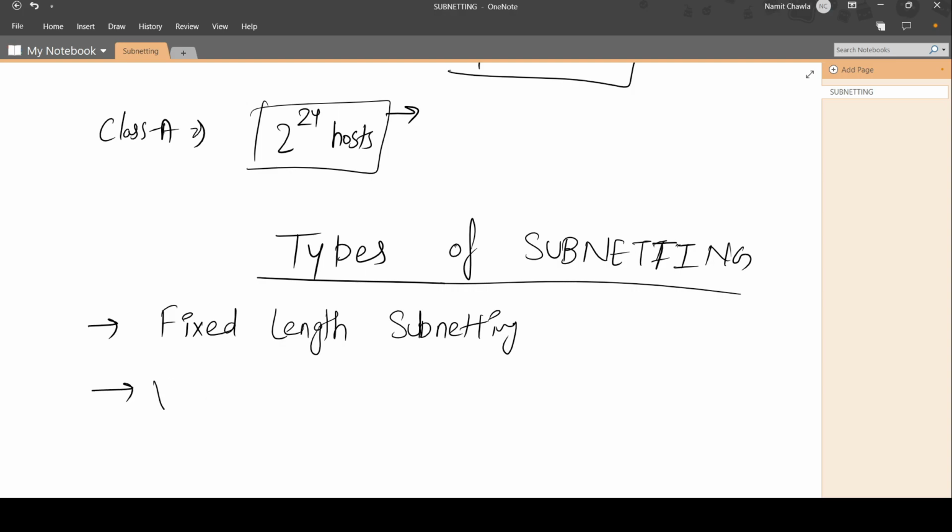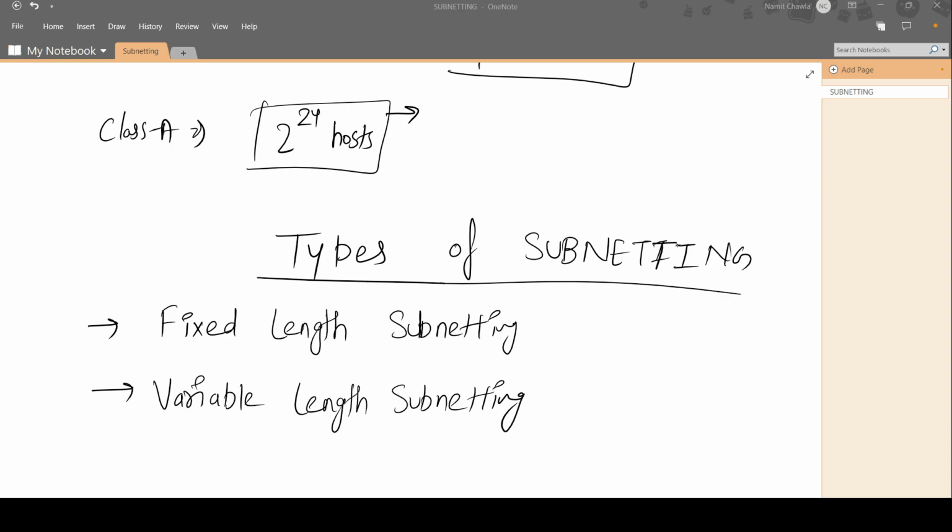The second one is variable length subnetting. These are the two different types of subnetting.